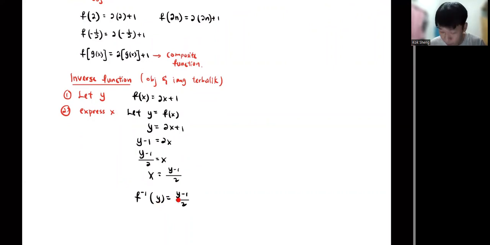So make sense? The object becomes y. Then final step, one more step to go. Normally most of your school teachers prefer the object as the unknown x. So you have to change the y back to the x and done. That is your inverse.